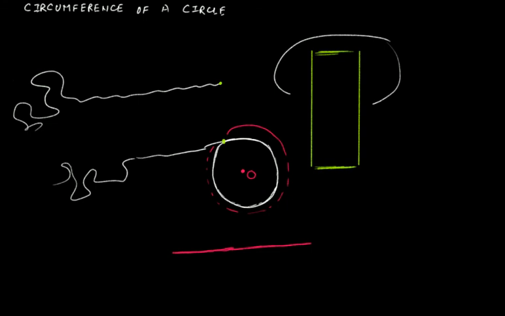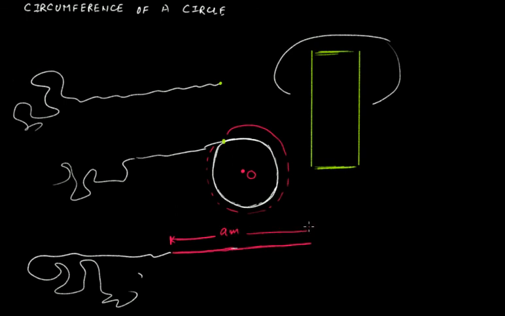It's a thread, but this particular portion that's in red was forming the circle. The length of this thread, let's assume that it is a meter, whatever. This portion of the whole thread that was forming the circle is of length a meter.